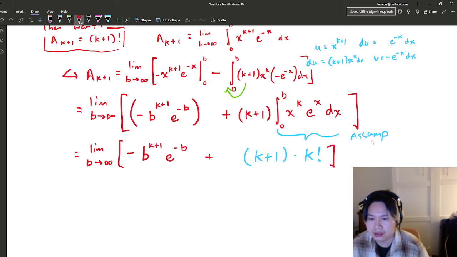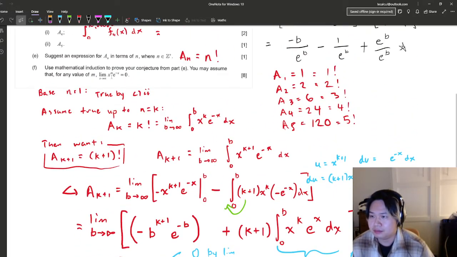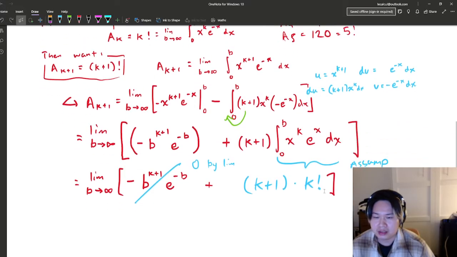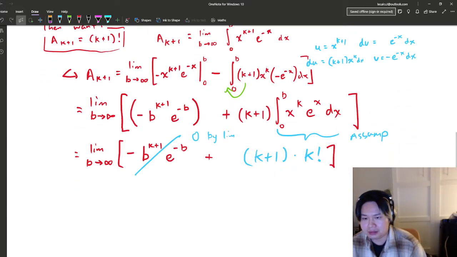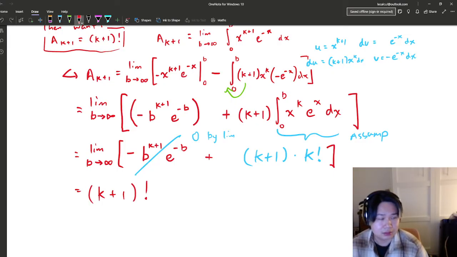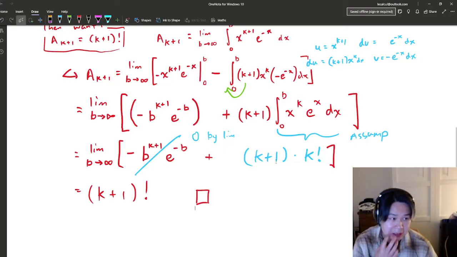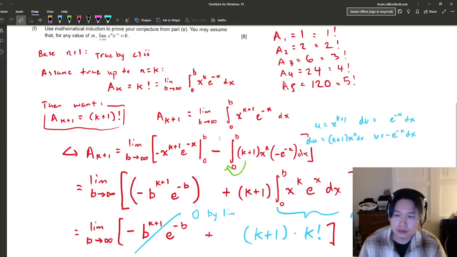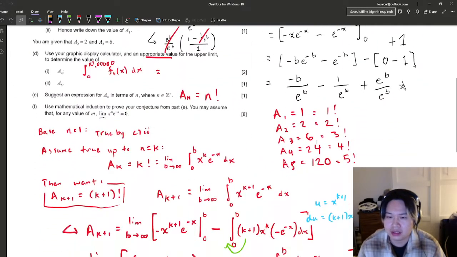And then this other part we know is going to be 0 from the limit, right? 0 by the given limit. This one, right? Okay, and then this by definition is k plus 1 factorial. So then we're done. A little square, to show that I'm done my proof. Okay, not bad.